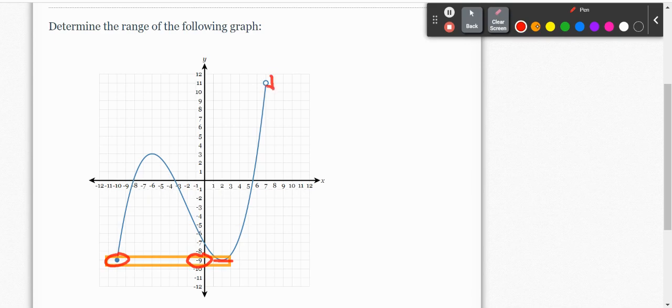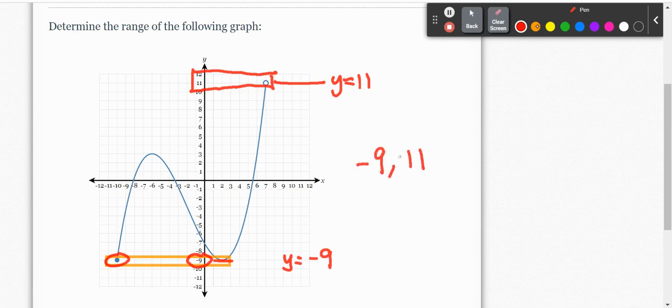Up top, this is headed toward 11 but doesn't quite touch it. So the range, we end it at 11, y equals 11, but it's not included, and it started at -9 as the lowest value. So our range is -9, comma, 11, bracket on the -9, parenthesis on the 11.